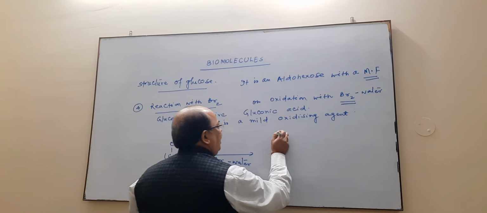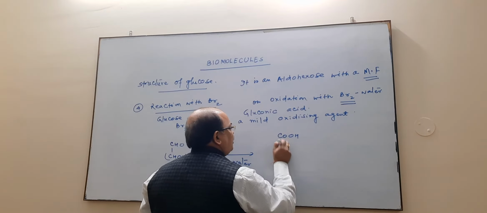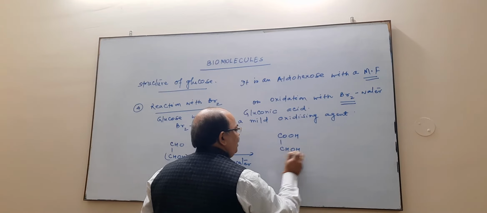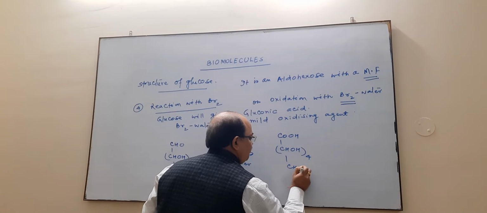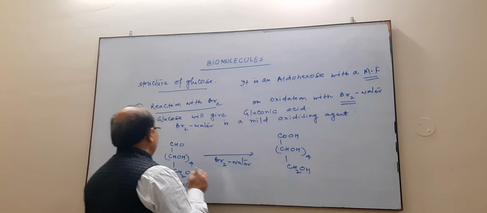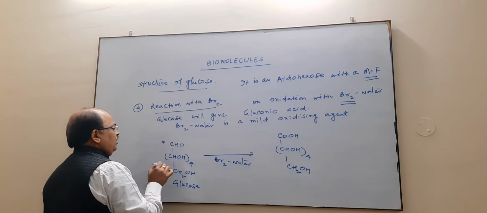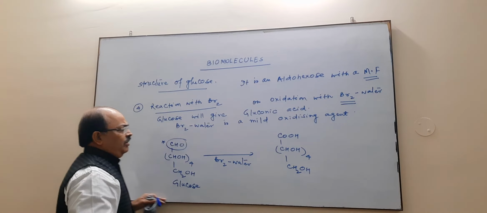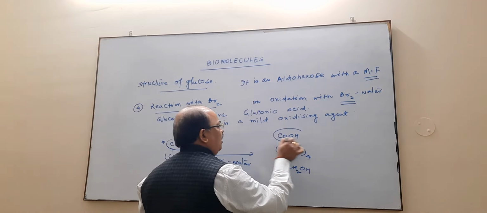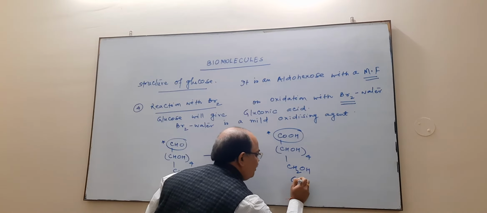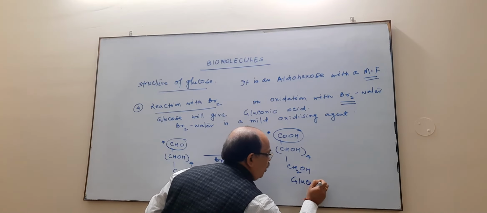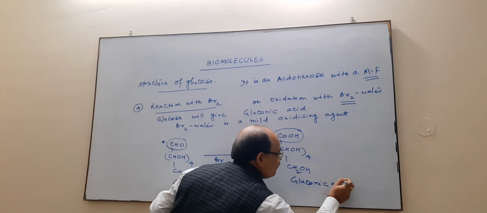So this aldehyde group is converted to your carboxyl group. अब देखिए ये जो आपका एल्डिहाइडिक ग्रुप है ना, this aldehydic group is oxidized to your carboxyl group. इसमें ऑक्सीडाइज हो गया, and this acid is your gluconic acid.